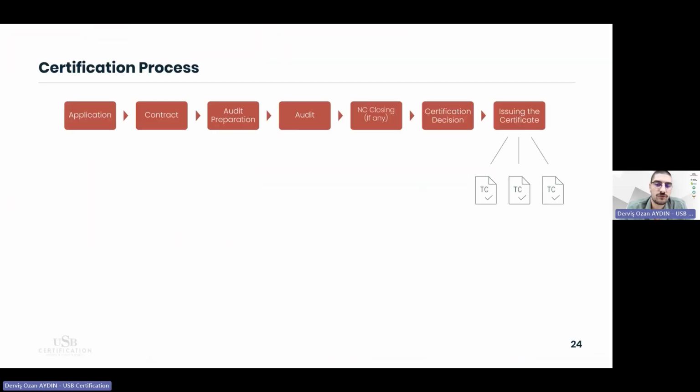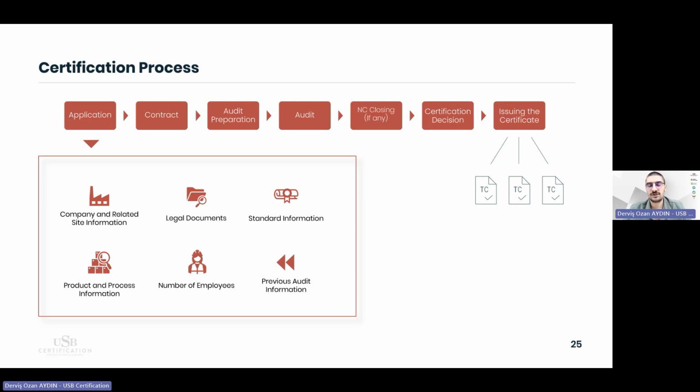We talked about issuing scope certificates and transaction certificates to track the product. So for issuing them, we have to understand how the certification process starts, how it ends, and what the processes are under this certification process.